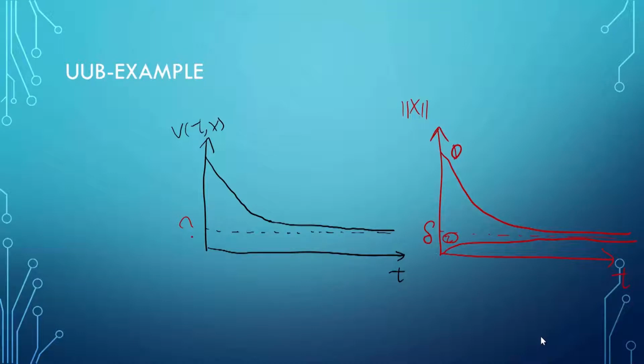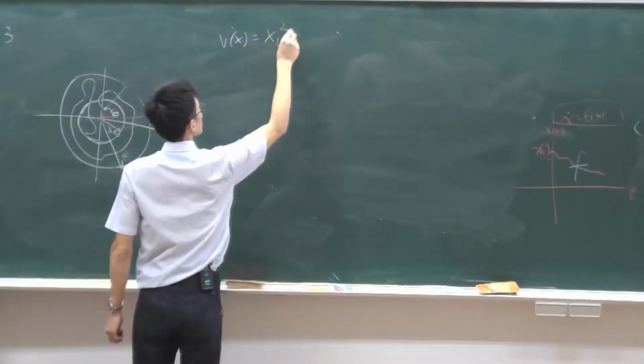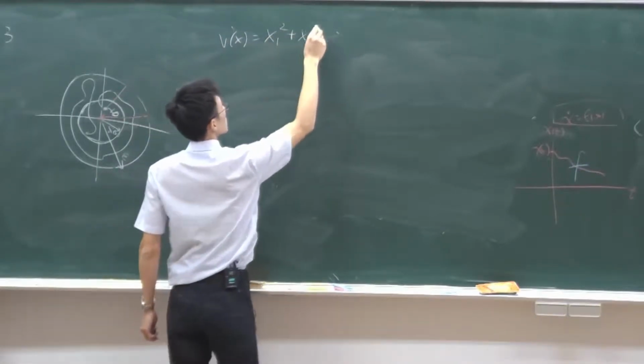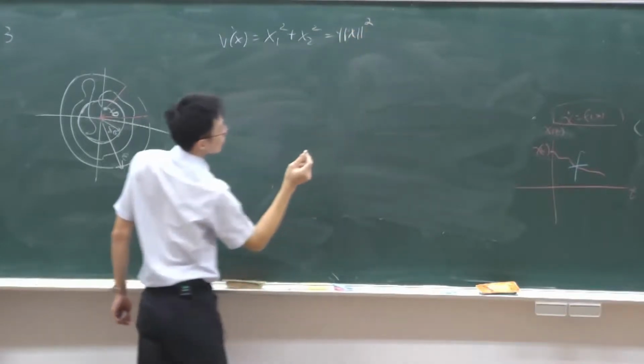If there's some relation between the X norm and V, so if Vx is x1 squared plus x2 squared, as we mentioned before, this is the X norm, right?